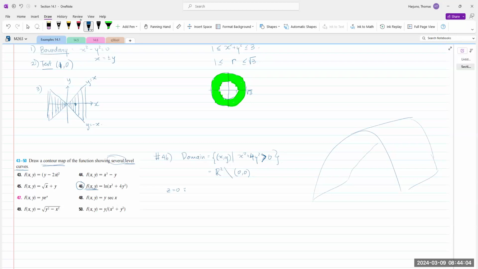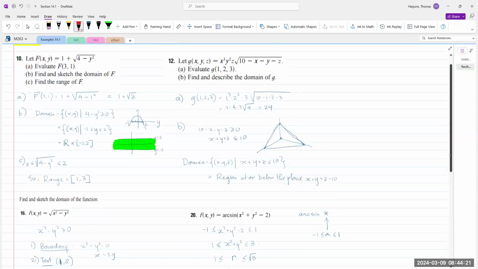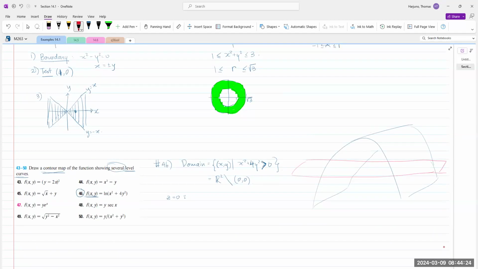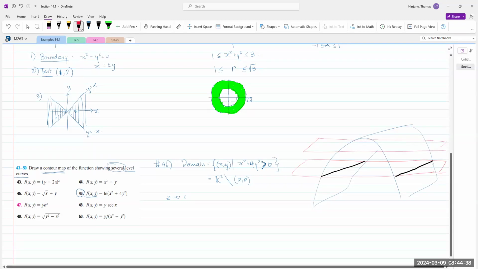Now when you say level curve at z equals to 0, you basically cut that surface with the plane z equals to 0. When you cross section this with z equals to 0, what does the intersection look like? In this case, maybe it looks like this. Later on, when you cut it with a higher z, for example, then you get this, let's say.